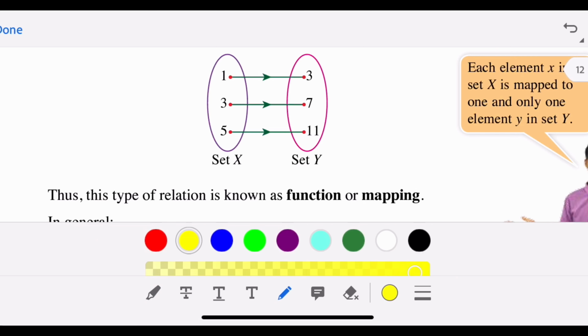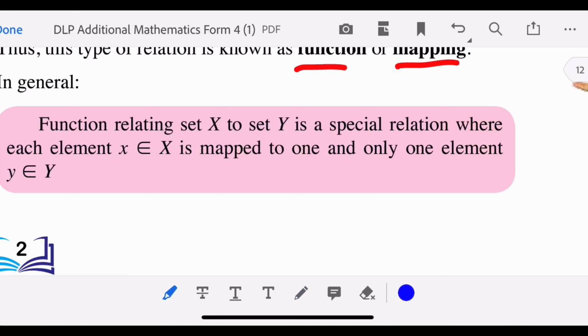Okay, so for an example of the mapping, this type of relation is known as a function or mapping. So when we talk about mapping, it can also be said to be a function. Each element x in set X is mapped to one and only one element y in set Y. Very important keywords: one and only one element y.